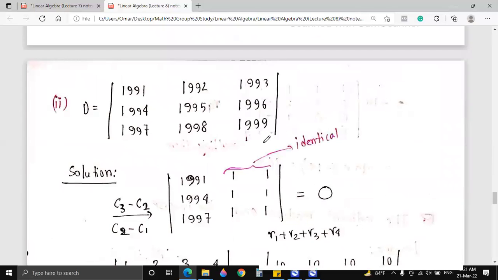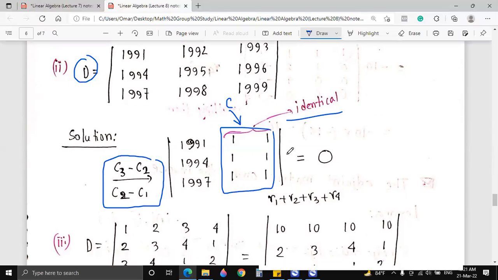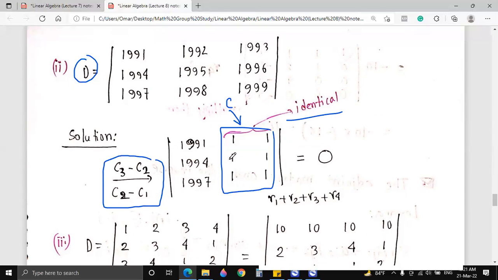So for example, here we have another matrix. We do these two operations, and then we get two columns as identical, right? In these two columns all the values are 1. So we can say that the result will be 0.